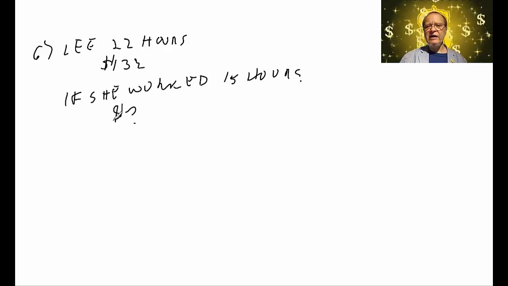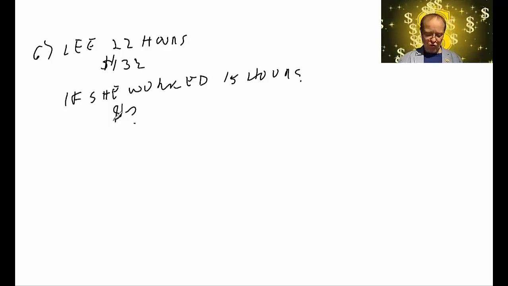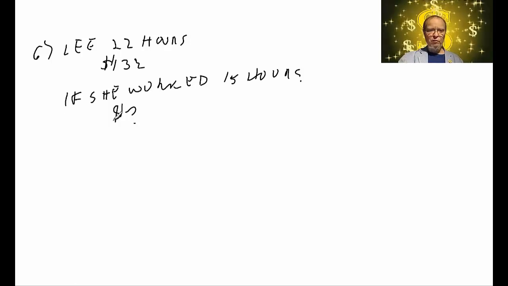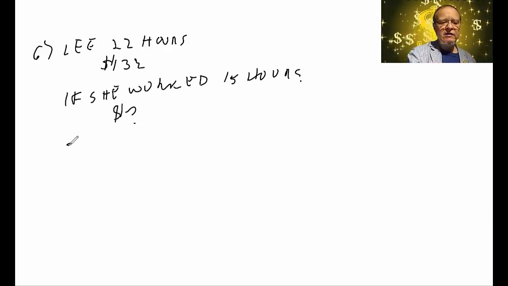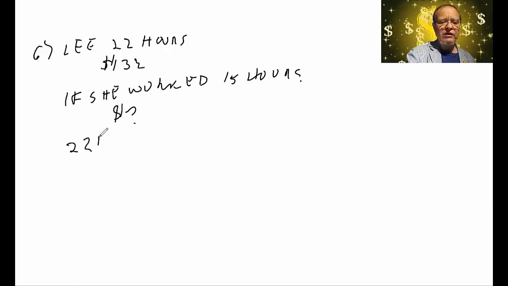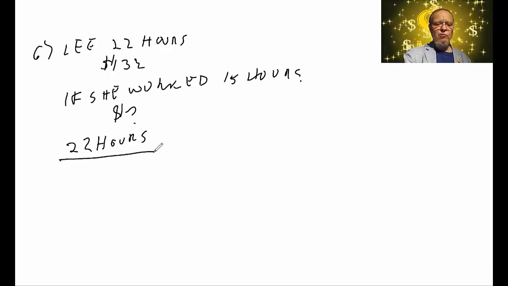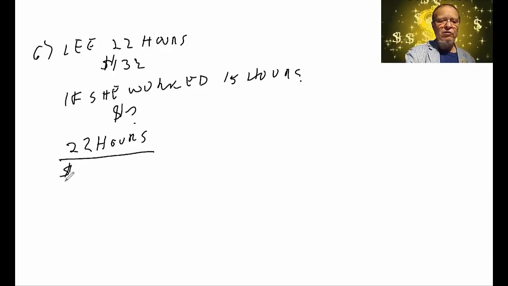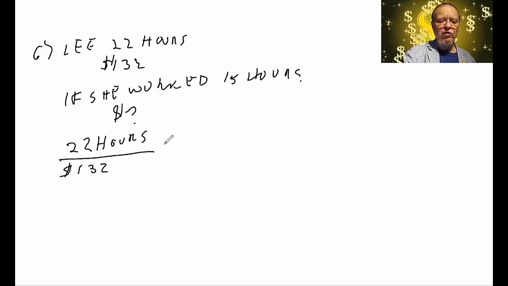In this case, we have to make two ratios. The first ratio is the hours that she worked, where we know how much she made: in 22 hours she made $132.